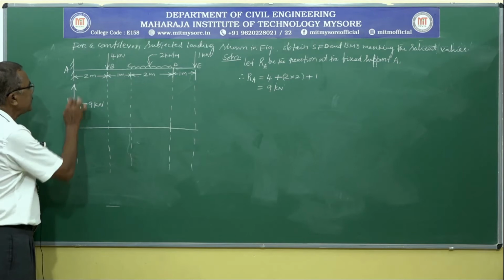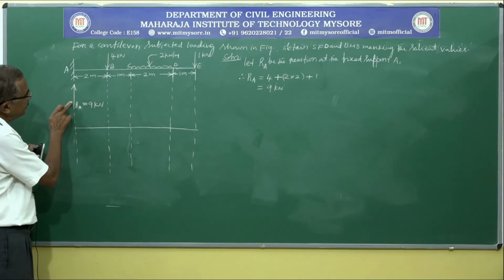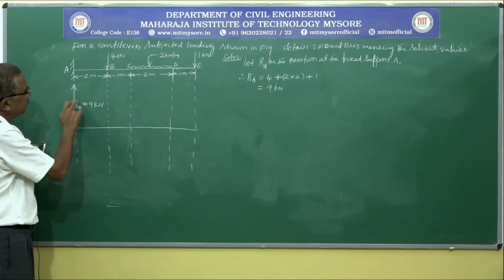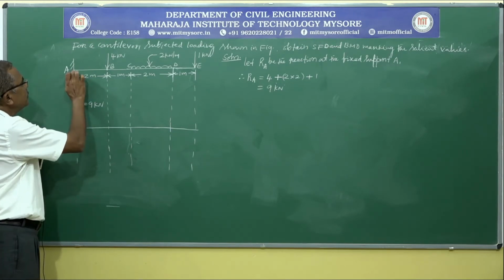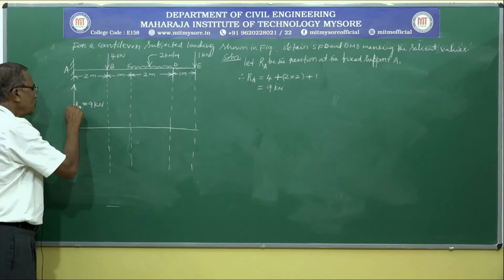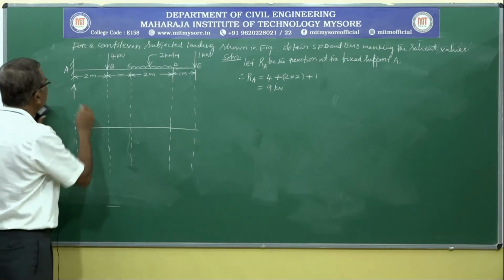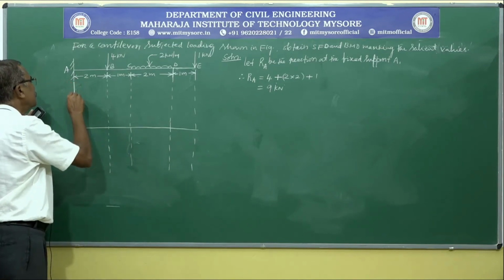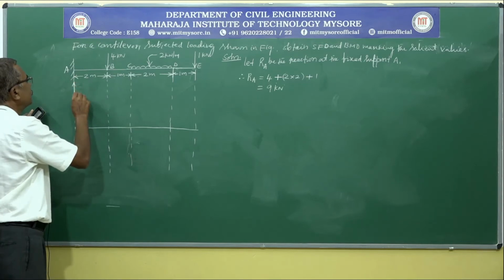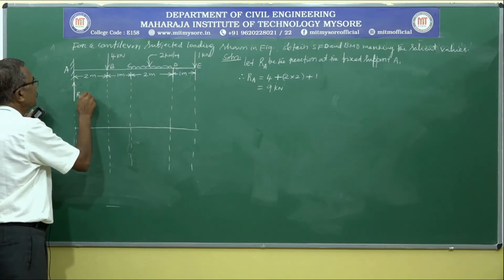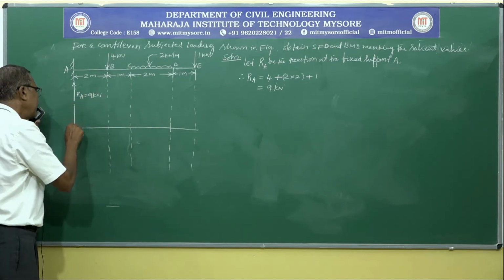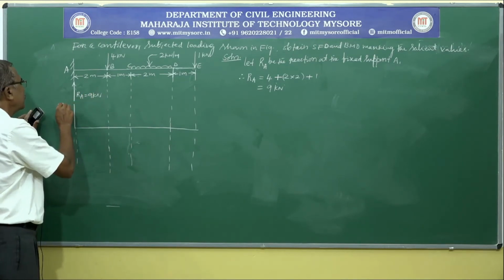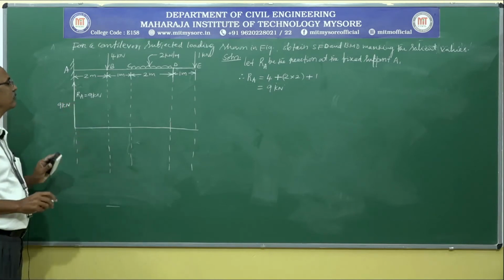At point A there is a reaction, of course I have shown the reaction a little below this one for easy understanding. Even you can extend it, you can show here also. So go up vertically 9 kilonewton, mark here 9 kilonewton.